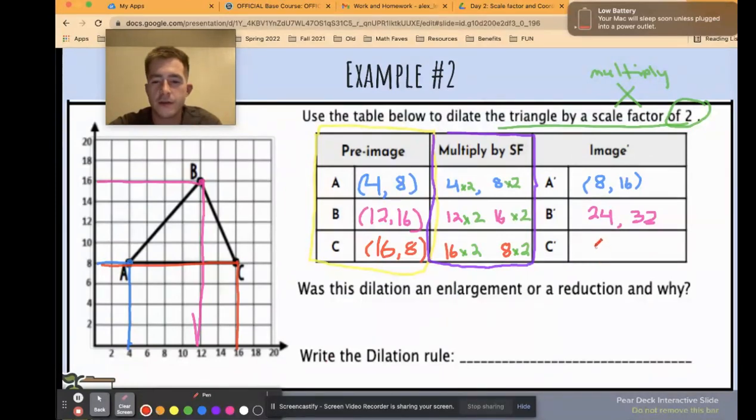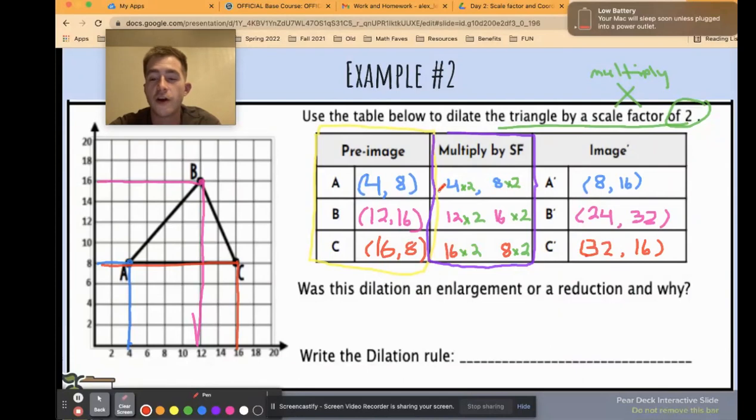Point C should get 32 and 16. Now, I am not going to have you guys draw that on this picture on the left-hand side. Don't worry about that. I do want you to answer this bottom question, though.